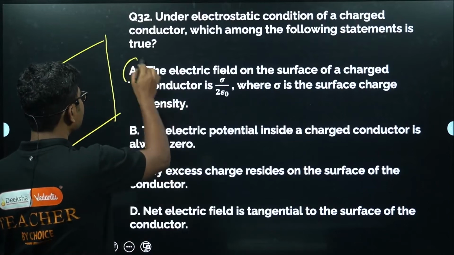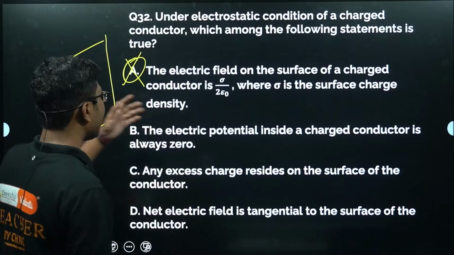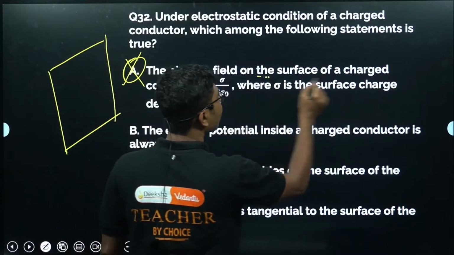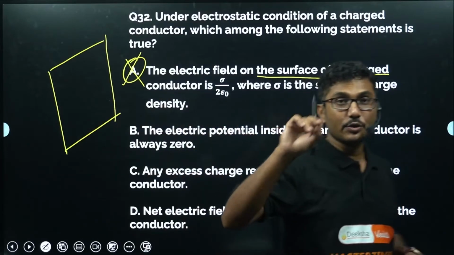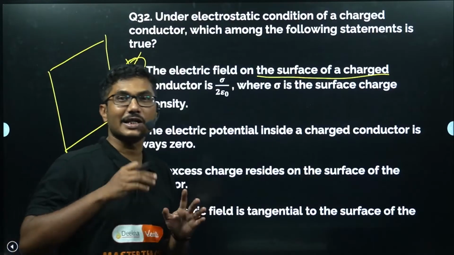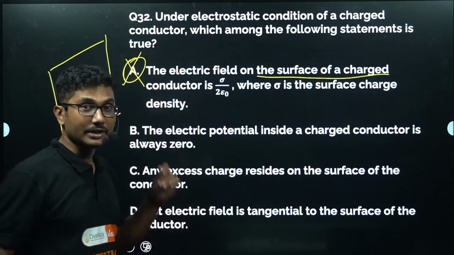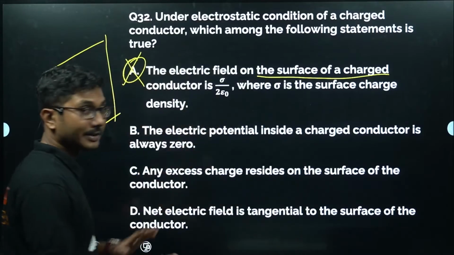So this answer is not correct. For any conductor this is not correct, because they have generalized it for the surface of a charged conductor. So you have to remember that though it is the electric field due to a charge sheet, this is not a generalized statement. You cannot generalize it for any charged surface. There are a few conditions. It has to be a charge sheet, it has to be infinitely long, then only this statement is correct.